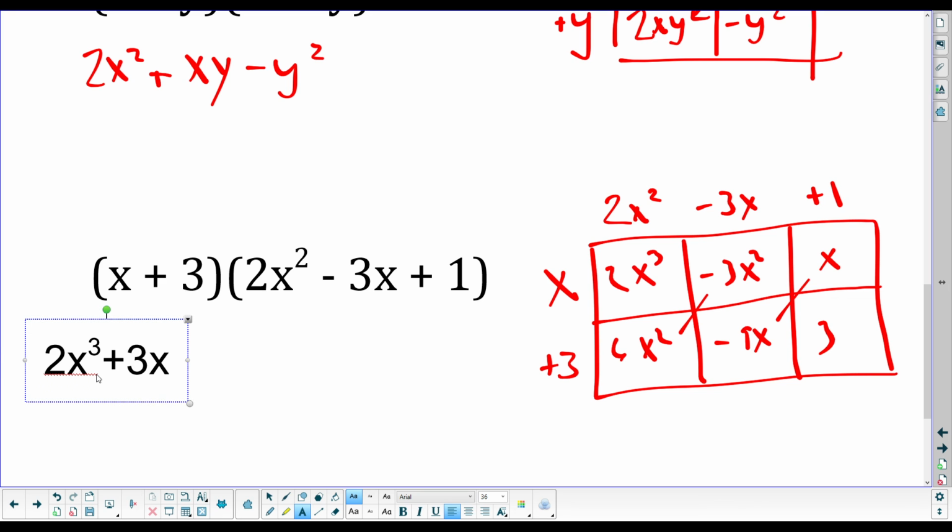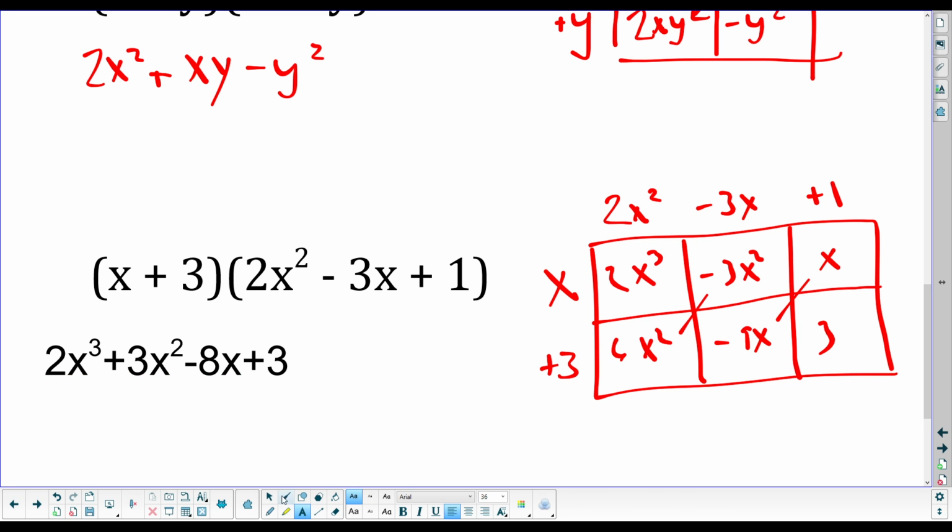That gives me 3x to the second power. And then I've got negative 9x plus x. That gives me negative 8x. And then I've got a positive 3 at the end. So plus 3.